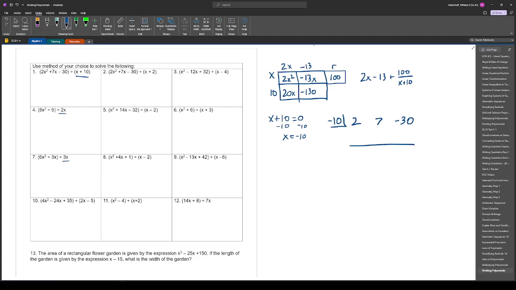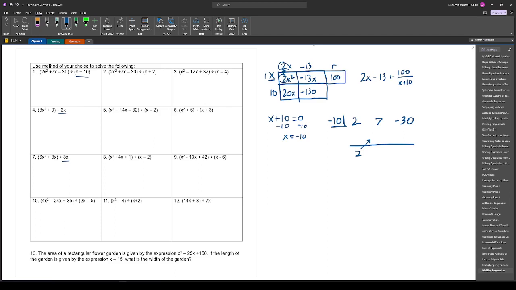So to use synthetic division, we bring this 2 straight down to here. And you may recognize that, since we always are putting 1x here, whatever number we had here is the same. These match. So the 2 we bring straight down.